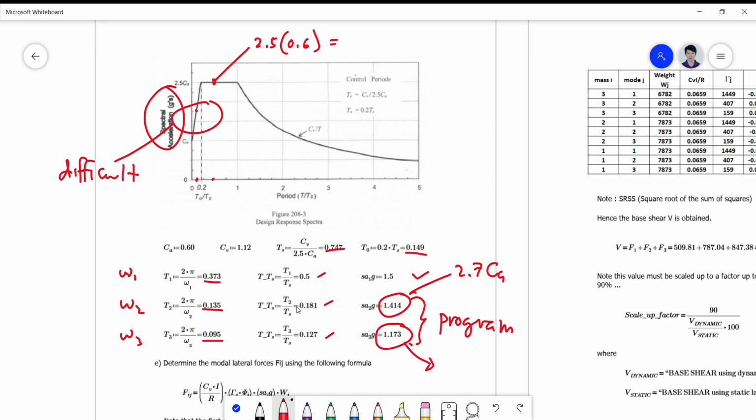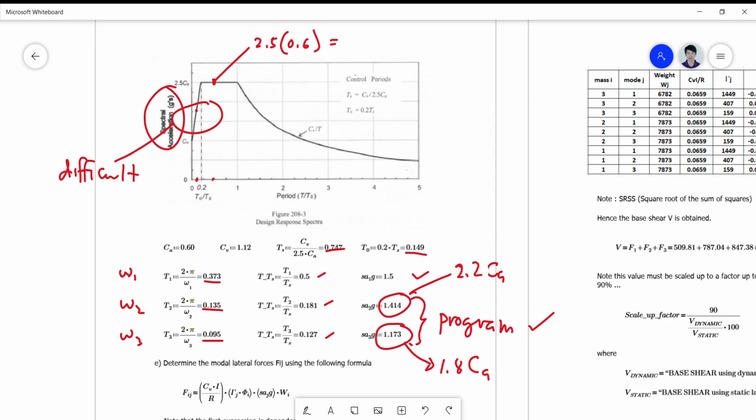No, 0.181 is already 2, not 2.7 but 2.20 CA. Here is 1.7, 1.8 CA. Okay, something like that. Anyway, the program will give you accurately these two values here.